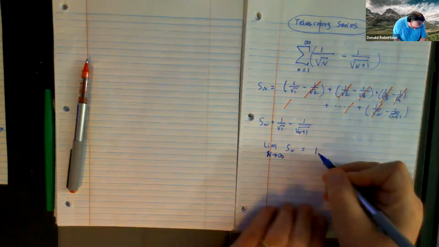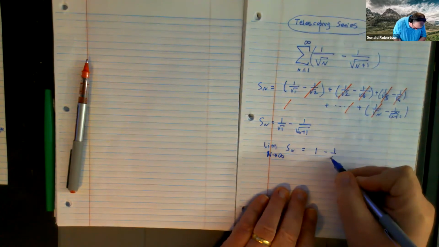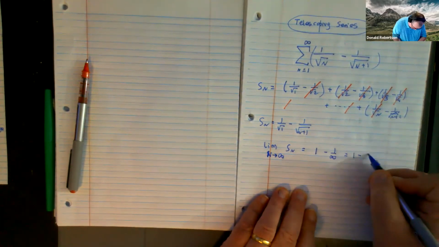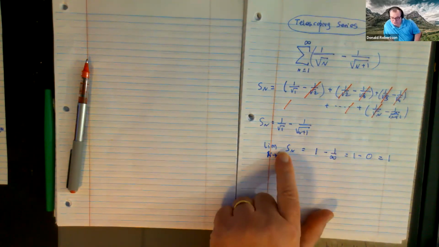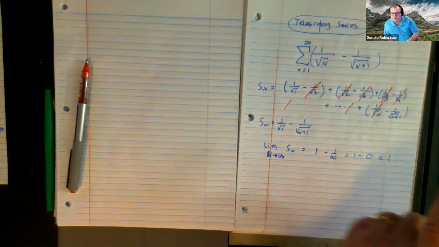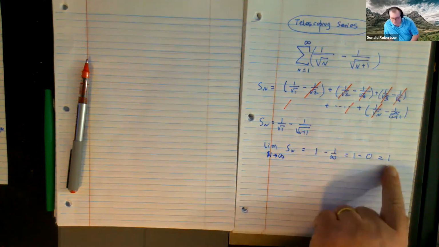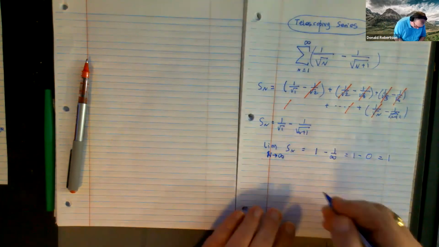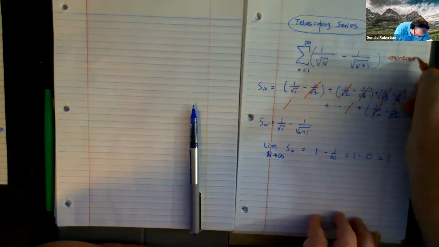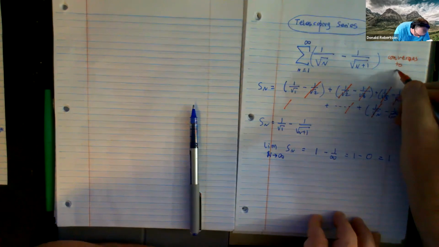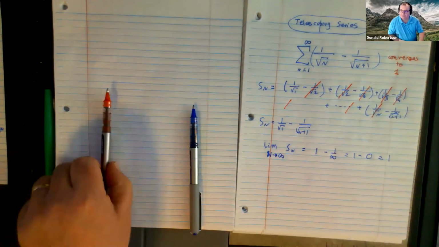Won't you get 1, take away 1 over infinity, which is 1, take away 0, which is 1. Now, if the partial sums have a limit, doesn't that mean the series converges to that limit? So we're finished. This converges. Converges to 1.